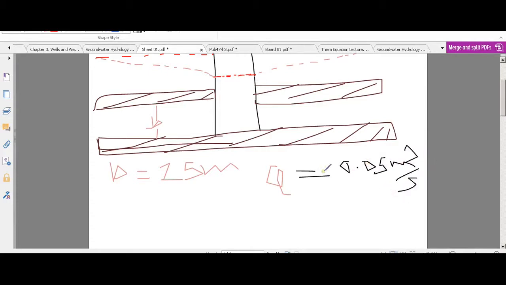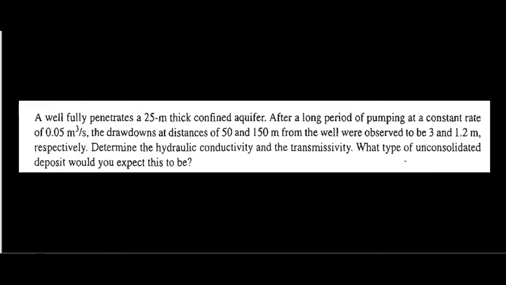That is also okay. And now this problem says about the observation wells. After long pumping, drawdowns at distances of 50 and 150 meters from the well were observed to be 3 and 1.2 respectively.